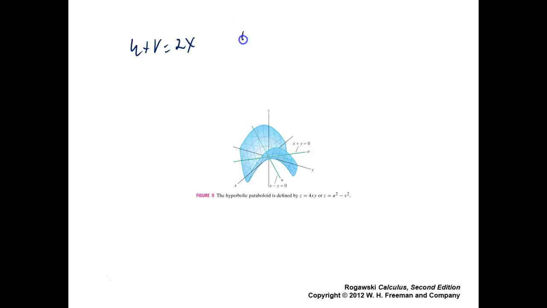U minus v is equal to 2y. Now, where would you have come up with that? Well, let's see what happens if you do that.